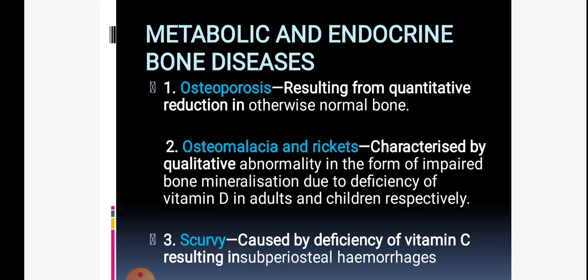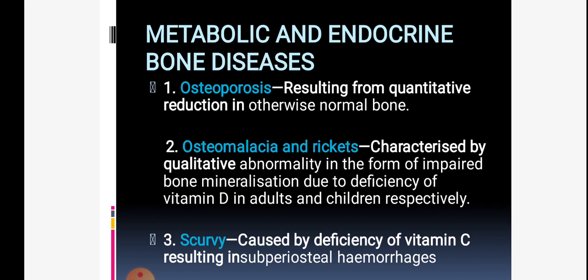Coming to metabolic and endocrine bone diseases, an important one. Osteoporosis results from quantitative reduction in otherwise normal bone. Osteomalacia and rickets are characterized by qualitative abnormality in the form of impaired bone mineralization due to deficiency of vitamin D in adults and children respectively.